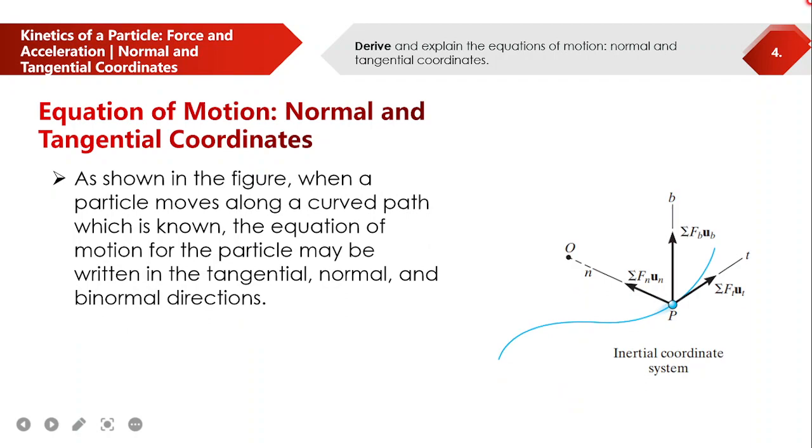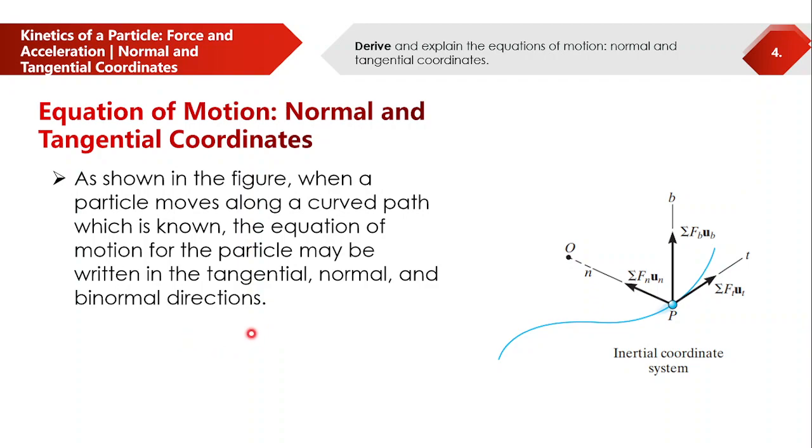Okay, so as shown in the figure, when a particle moves along a curved path, the equation of motion for the particle may be written in tangential, normal, and binormal directions. So there are three things happening here, class. There are three directions that your particle can go to. Those components are your tangential, normal, and binormal.